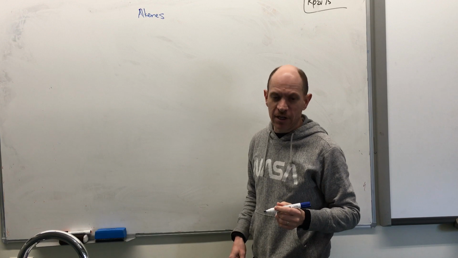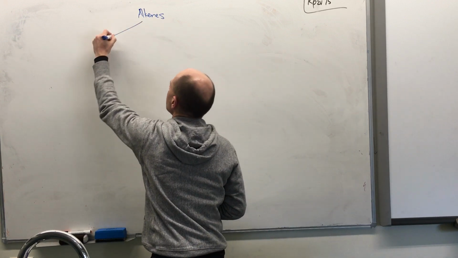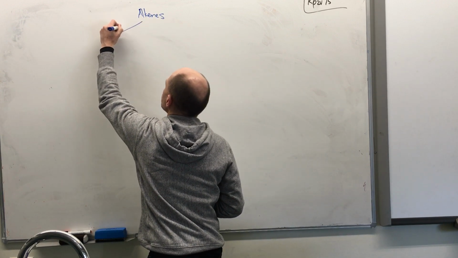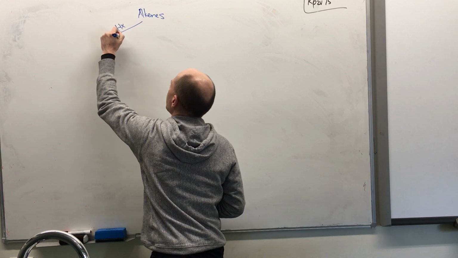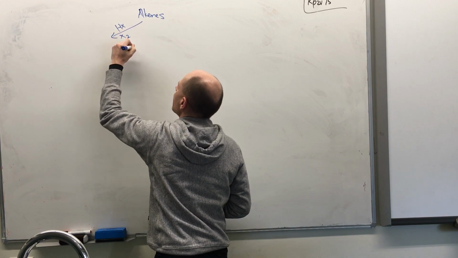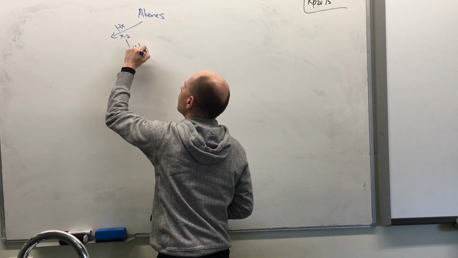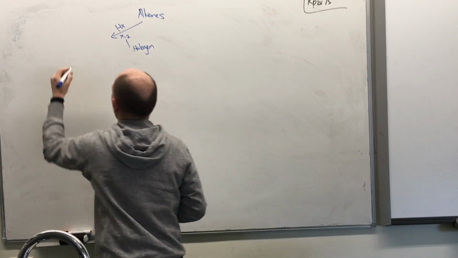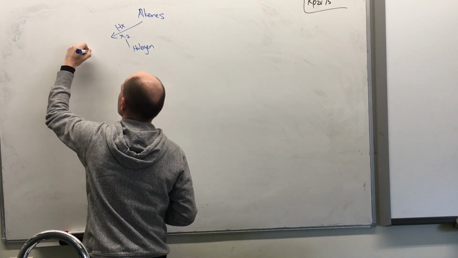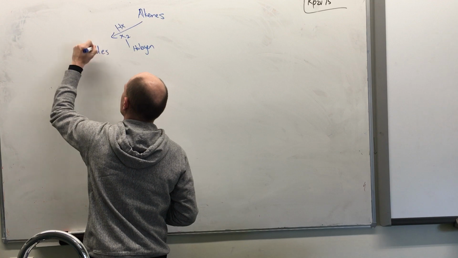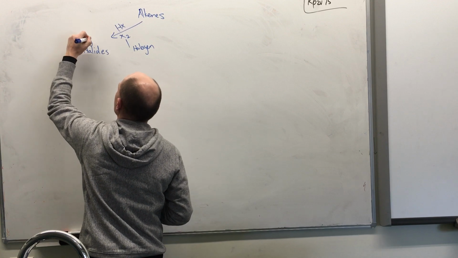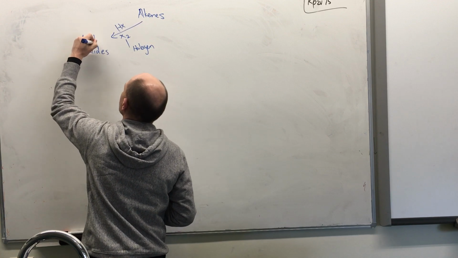Now, alkenes can react with HX or X2, where that's a halogen, to form halides, alkyl halides.